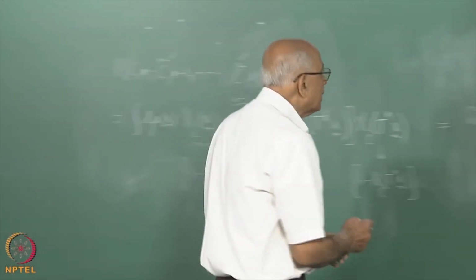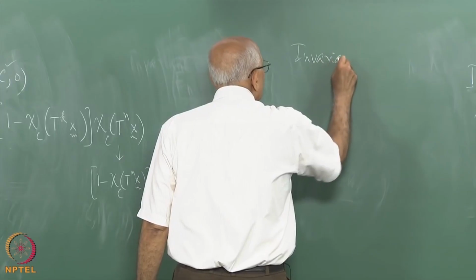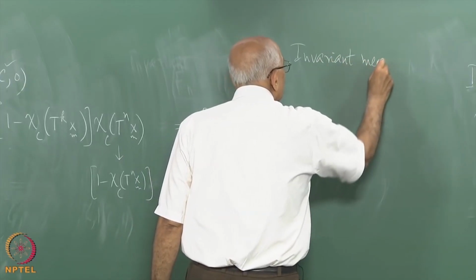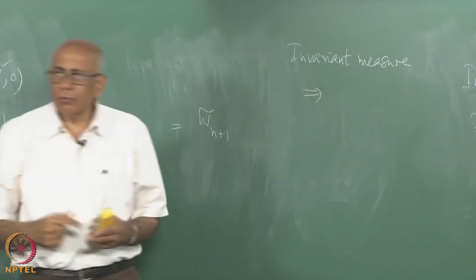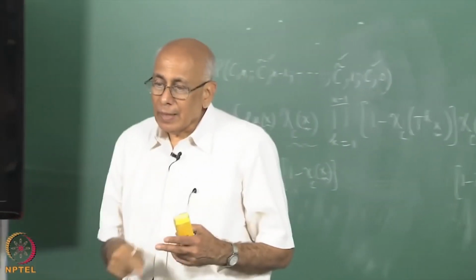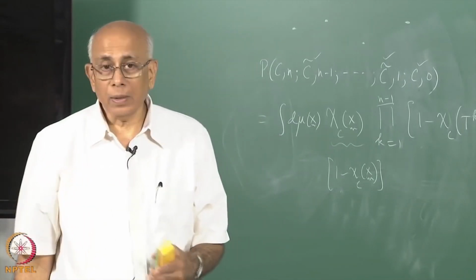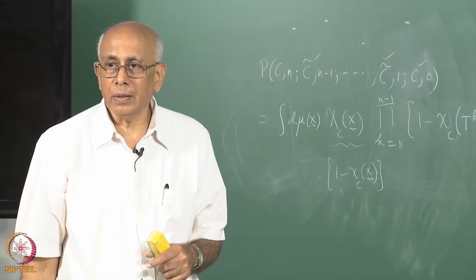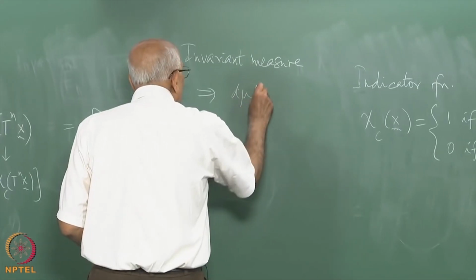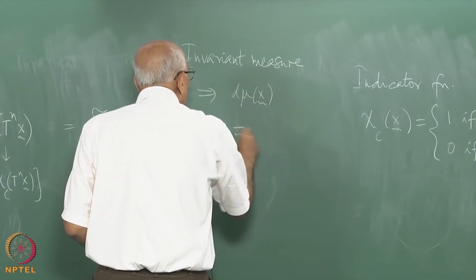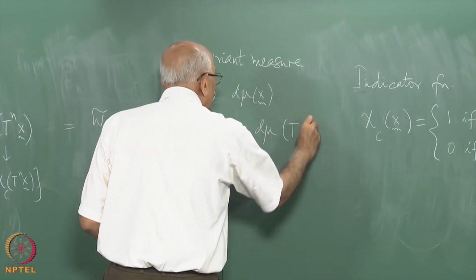This is very, very crucial: invariant measure implies, remember what we said about the Frobenius-Perron equation. We said the invariant density rho of x does not change under one iteration at all. That was the whole reason why we called it the invariant density. So in formal terms this implies that d mu x equals d mu of t x.